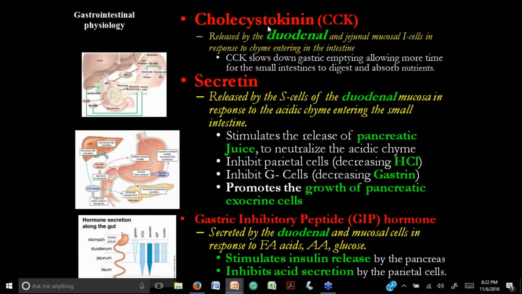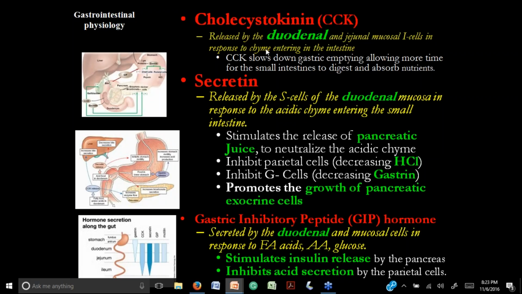The CCK, or cholecystokinin, is released by the duodenum wall, the secretin by the duodenum, and the GIP, or gastric inhibitory peptide, is also produced in the duodenum.